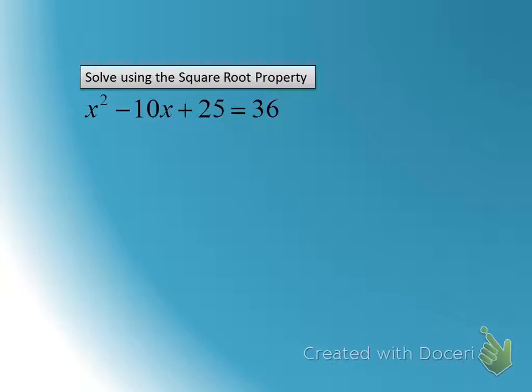Okay, so x squared minus 10x plus 25 equals 36. This one's for you. Go ahead. Alrighty, x squared minus 10x plus 25 equals 36. How does the left side factor? Close. X minus 5, okay?